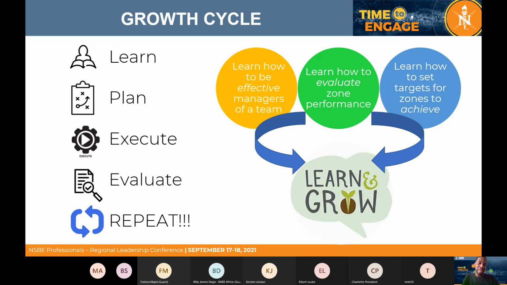And then, to be successful, there should be a growth cycle of learning, forming a plan, executing that plan, evaluating the results, and then repeating. So learning how to be an effective manager, how to evaluate performance, and how to set targets, and then getting that feedback of what went well, what didn't, and applying those lessons learned to the next task.